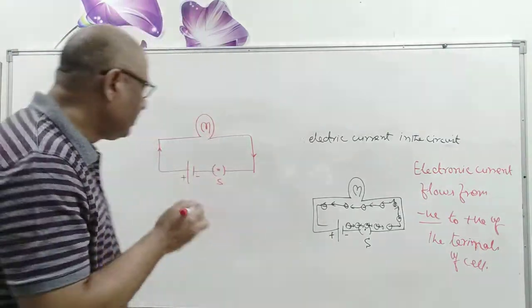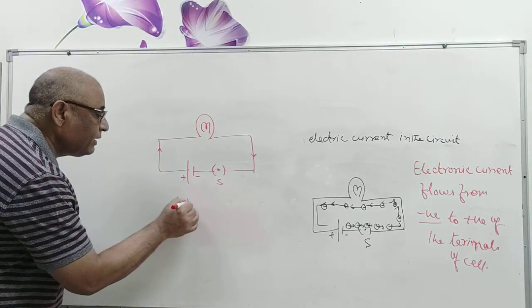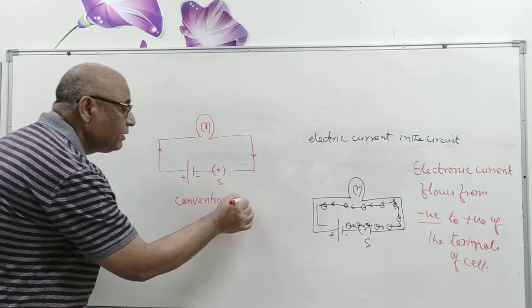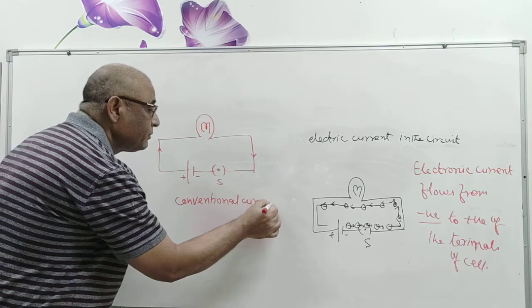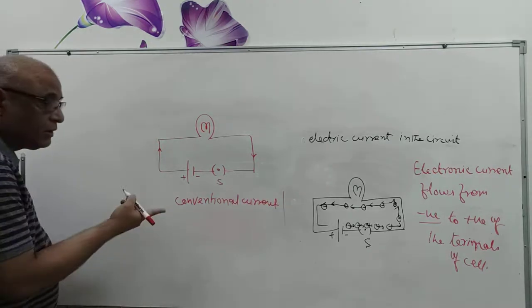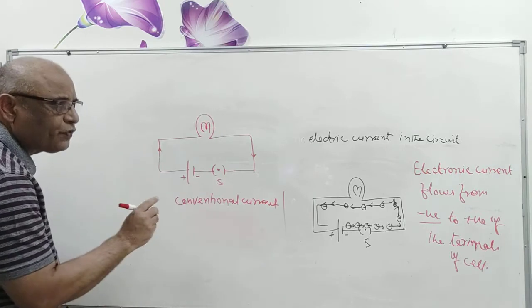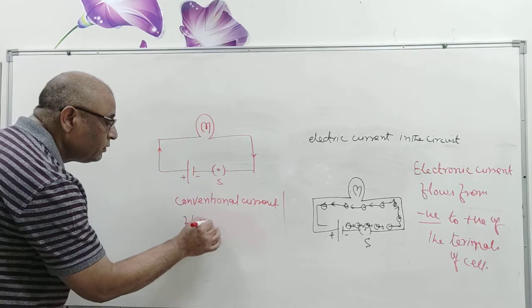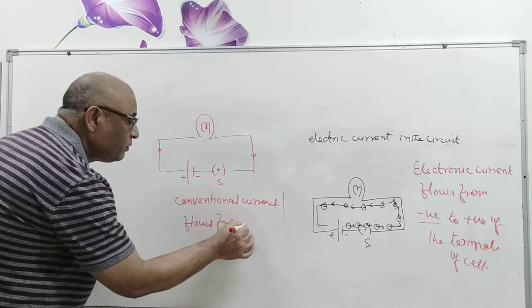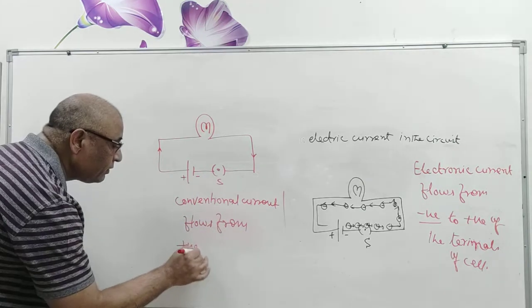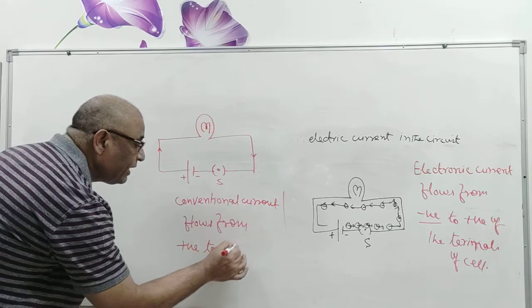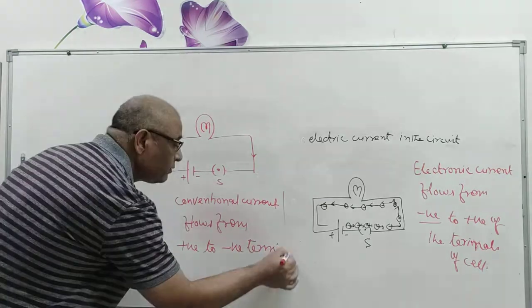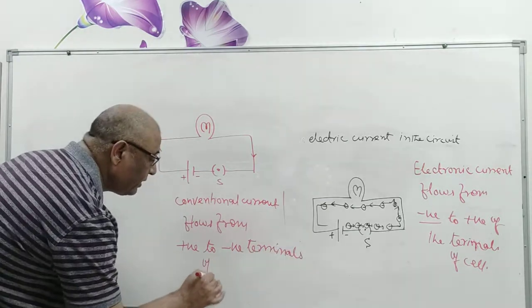Conventional current flows from the positive to the negative terminal of the cell.